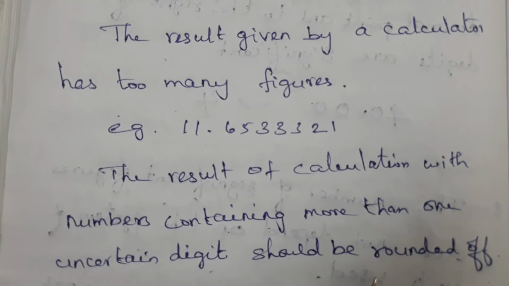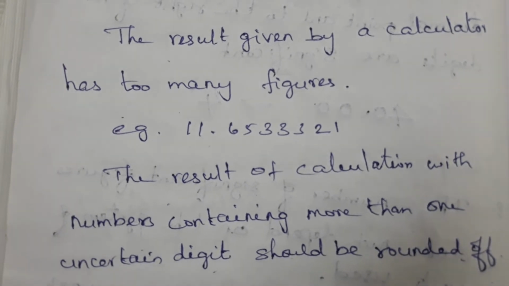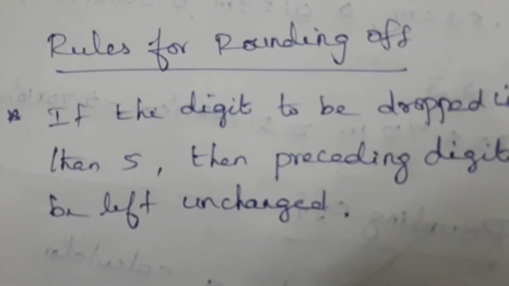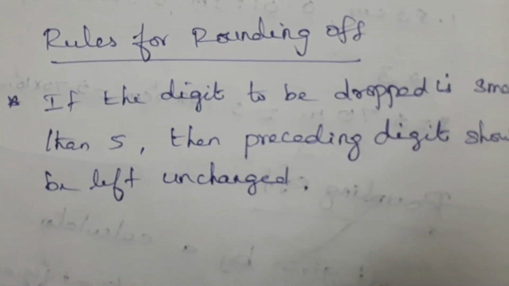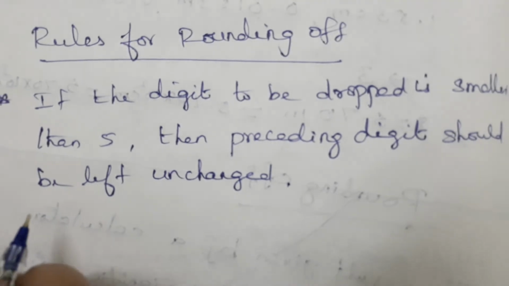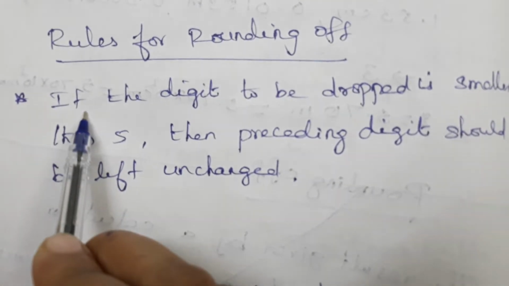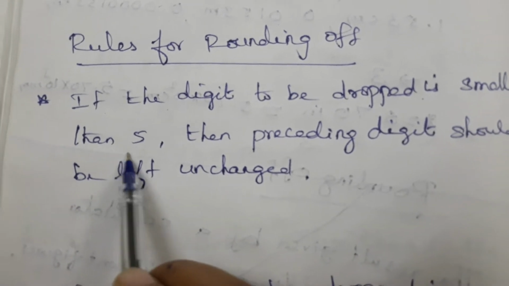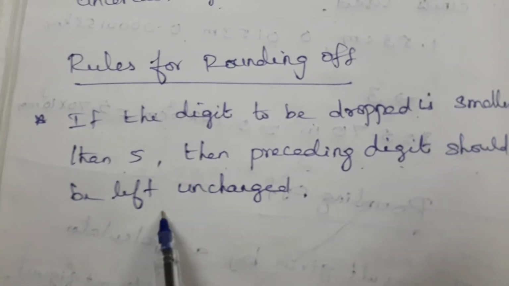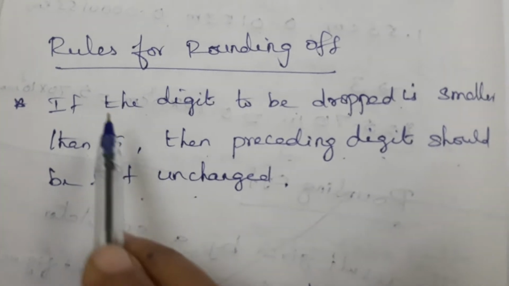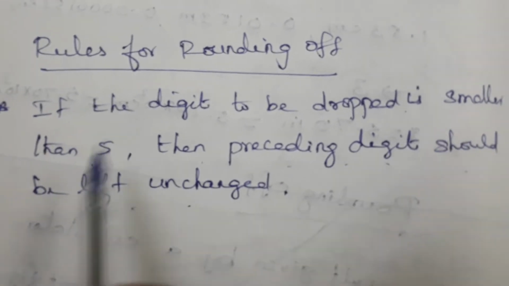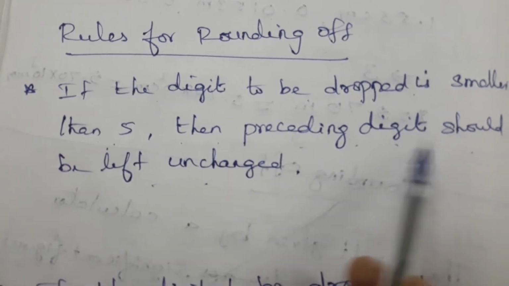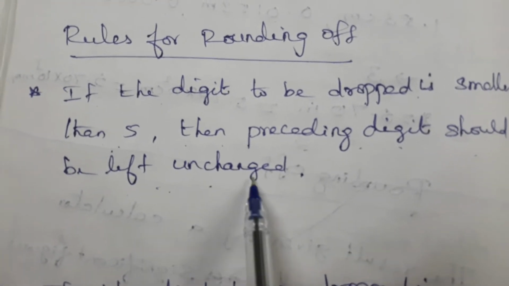There are some rules for rounding off. Let us see the rules for rounding off. First rule. If the digit to be dropped is smaller than 5, then the preceding digit should be left unchanged. The digit to be dropped is smaller than 5, less than 5. Then the preceding digit, the previous digit, should be left unchanged.